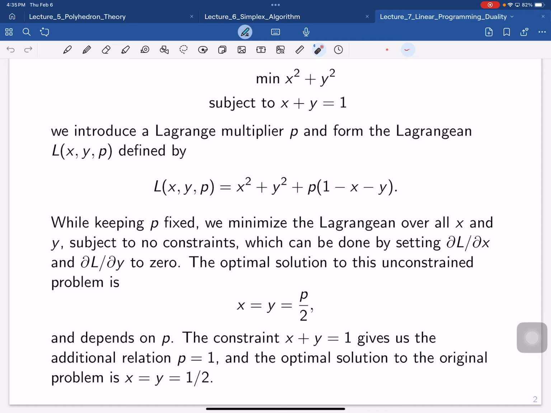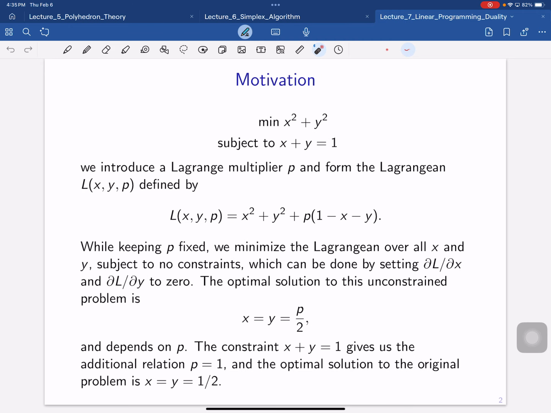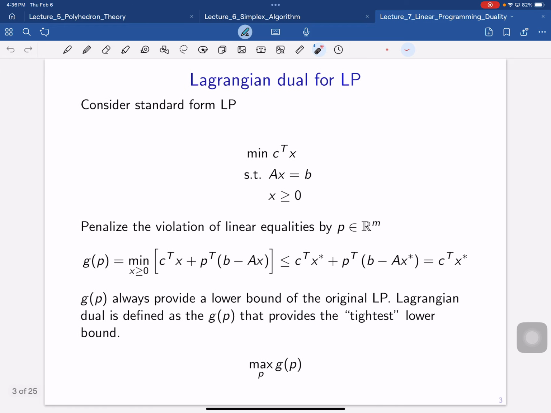This slide is just to give you an intuitive understanding of what a Lagrangian is. It is nothing but paying a price for not satisfying the constraint, and there is a way to determine what would be a good price to pay. So let's talk about the Lagrangian dual for a general linear program.